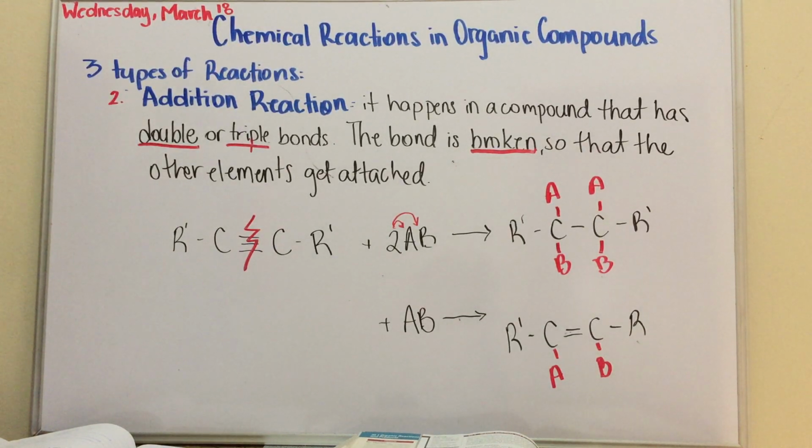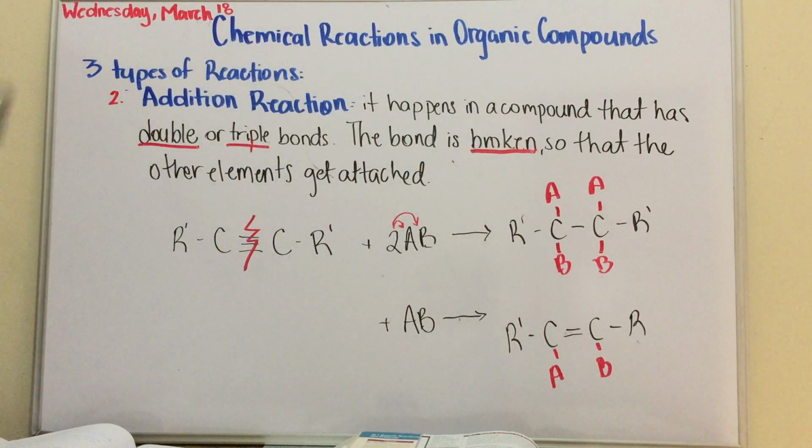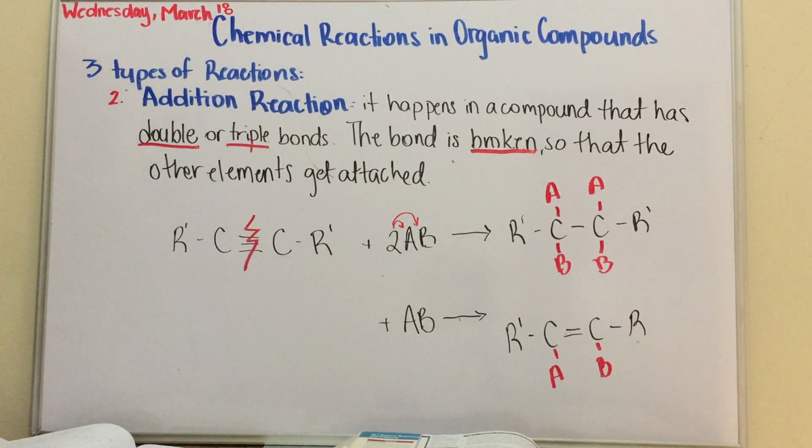If you're adding 4 elements, like in this case, you break it up to a single bond and you add the 4 of them. And when you're just adding 2, you leave a double bond and you add the 2 elements. I hope these examples are clear. So now I'm going to make an example using exercises.